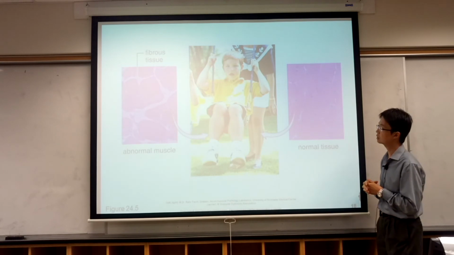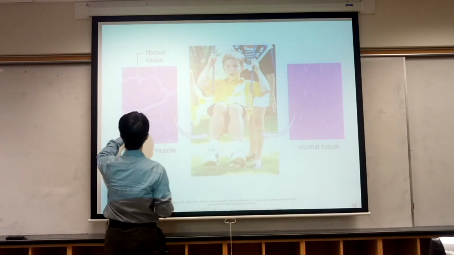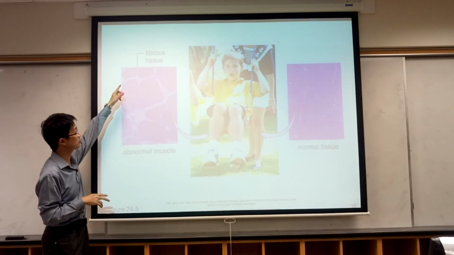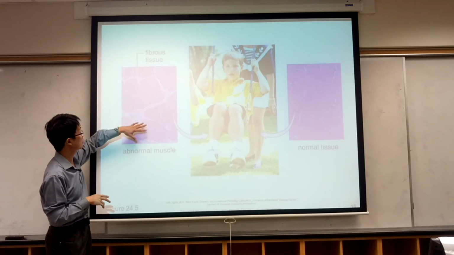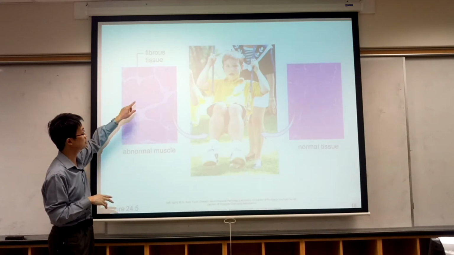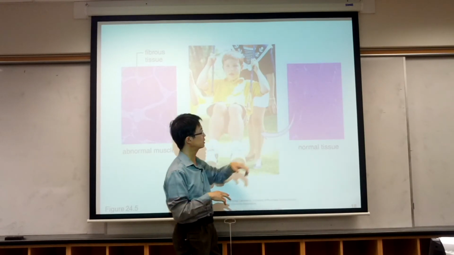So you can see under the microscope, normal muscle looks like this. Abnormal muscle has a lot of fibrous tissue, but normal muscle has a lot less fibrous tissue.